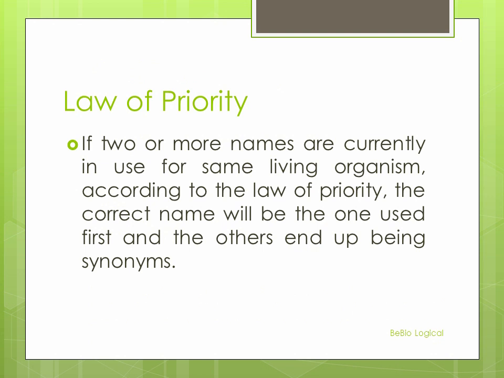If two or more names are currently in use for the same living organism, according to the law of priority, the correct name will be the one used first and the others end up being synonyms.